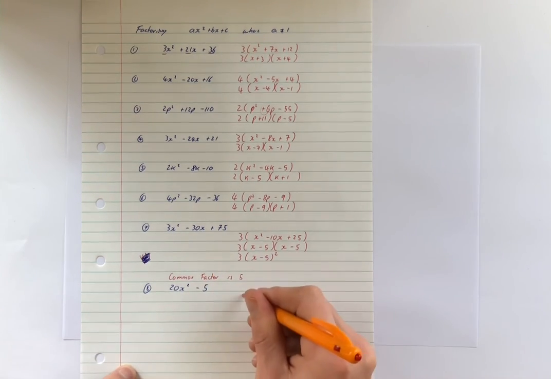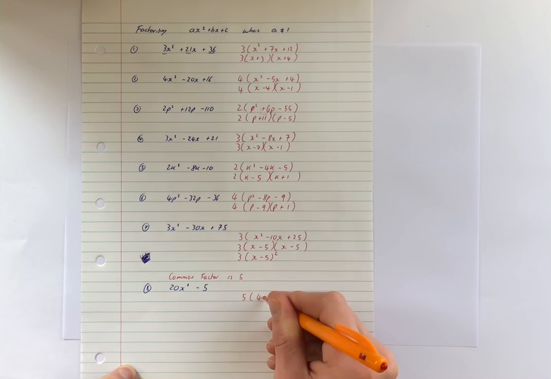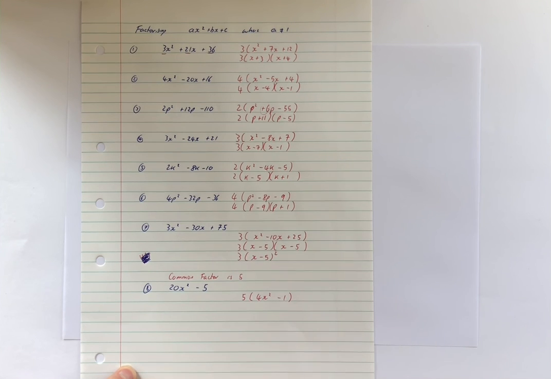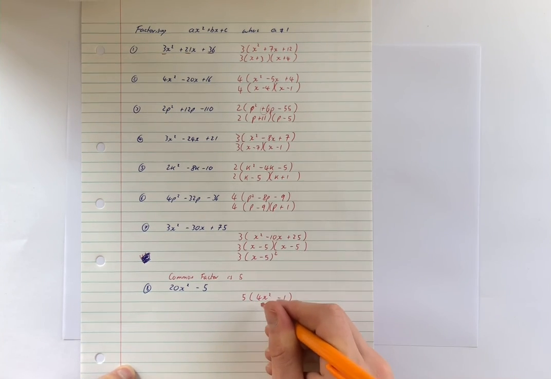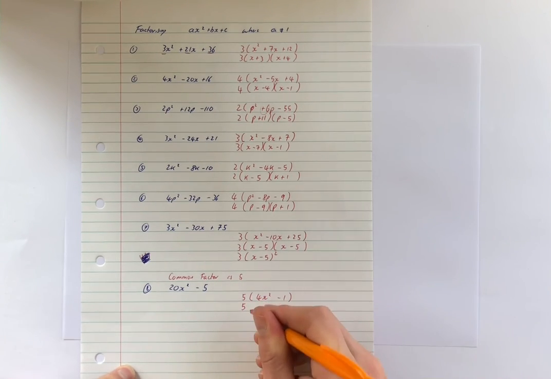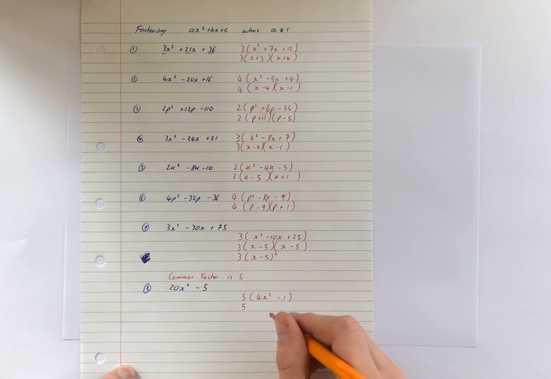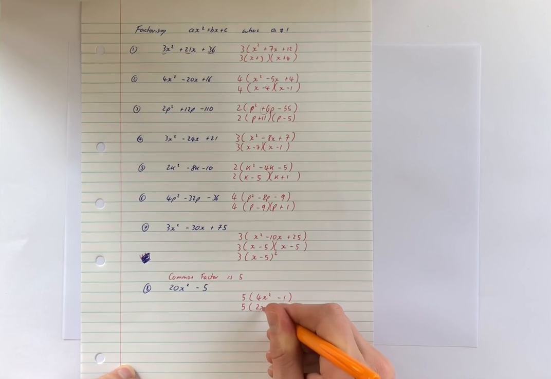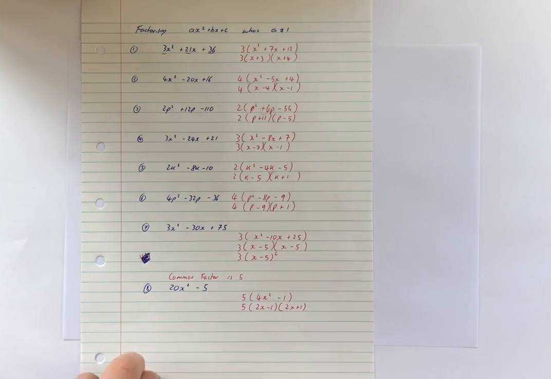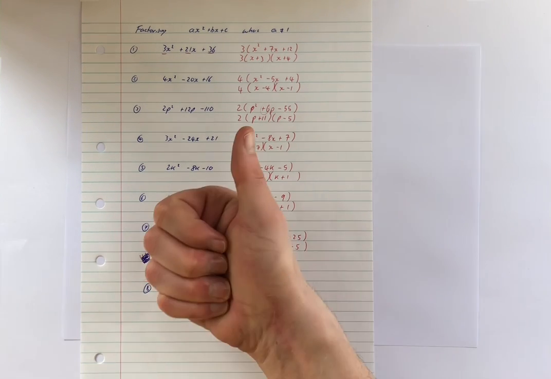So the 5 can come out, leaving 4x squared minus 1, and that is now a perfect square. We have 2x all squared and 1 squared, so yeah, difference of squares. So 5, 2x minus 1, 2x plus 1. There we go.